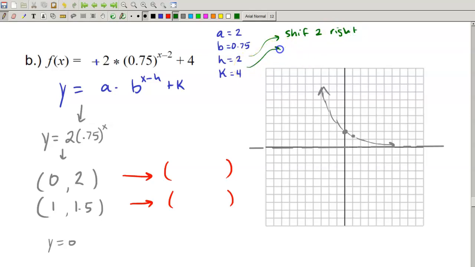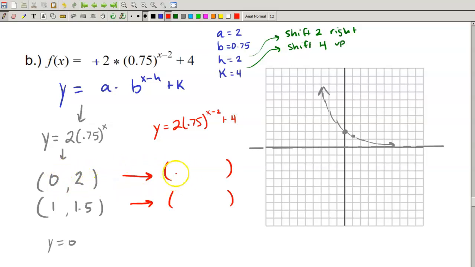And my k value is 4, so this is going to be a shift 4 up. So I can take these 2 points that I have, and now I'm going to basically graph the whole function. So instead of 2 times 0.75 to the x, it's now to the x minus 2 plus 4, which is the exact original equation.